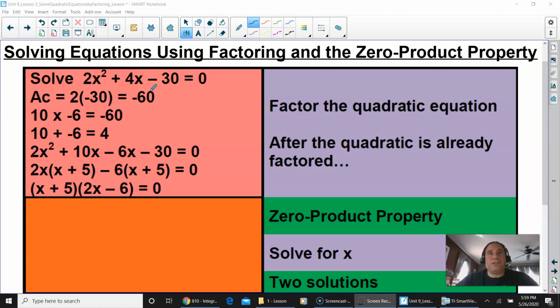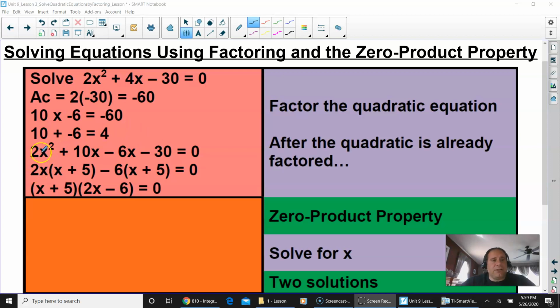Then you're looking for two numbers that multiply to negative 60 and add to 4. 10 times negative 6 is negative 60, and 10 minus 6 equals 4. You bring the 2x squared down, and instead of 4x, you put 10x minus 6x, and then you bring the minus 30 down.